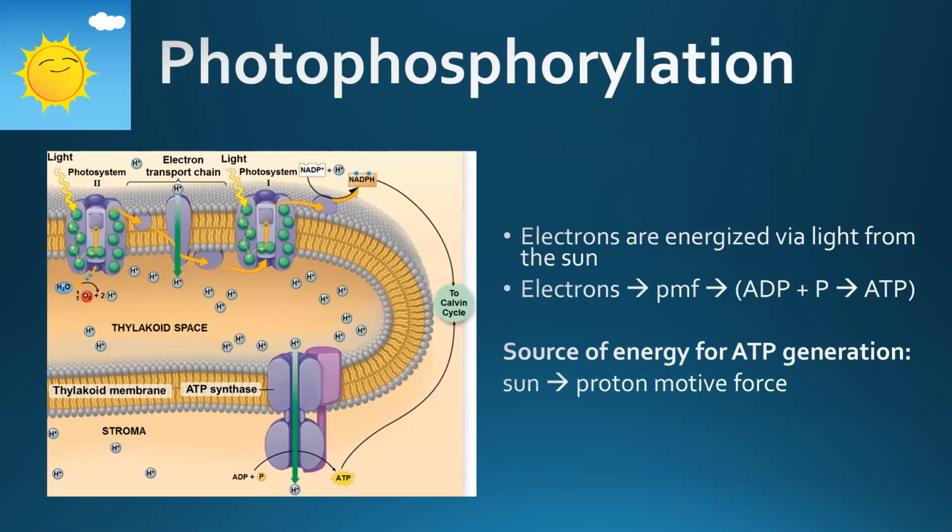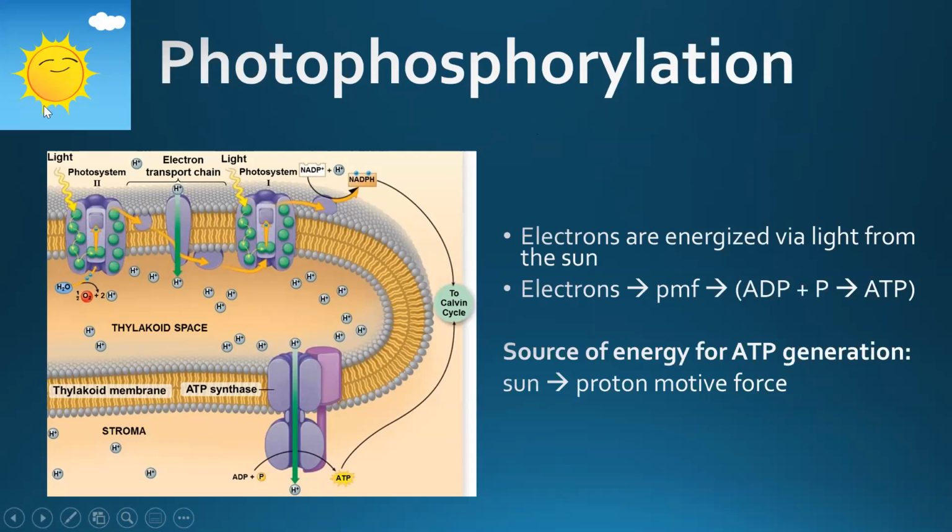So you're using light to add a phosphate molecule to another molecule, which in this case is we're going to produce ADP. So the electrons are going to be energized via the light from the sun. So we're going to be talking about photosynthesis in great detail. So if it's photophosphorylation, it's photosynthesis.